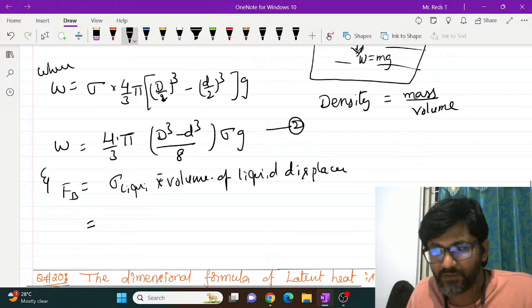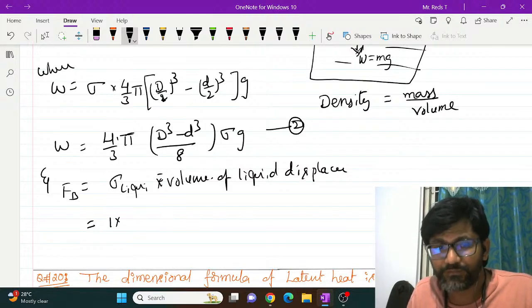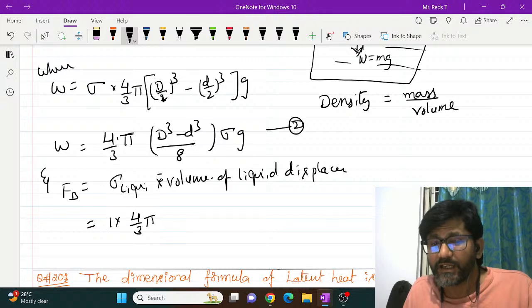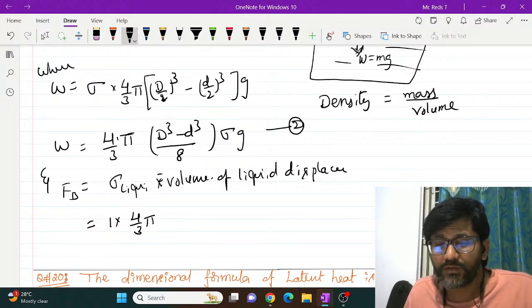So we will take the total volume of the sphere as the total volume of the displaced liquid. So it is equal to sigma of liquid, you can take it as 1, into volume 4 by 3 pi radius of the sphere cube. Radius of the sphere is diameter by 2, d by 2 whole cube is d cube by 8.